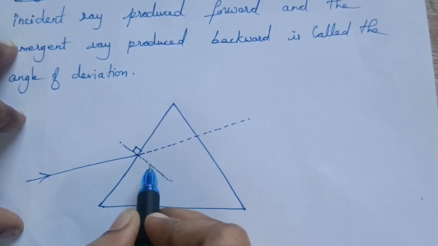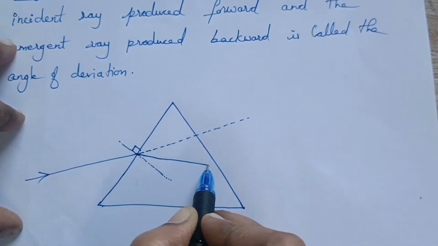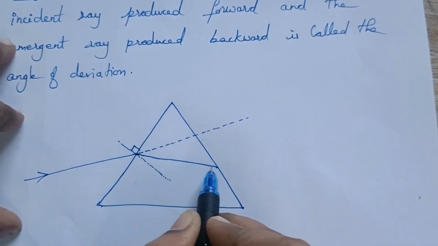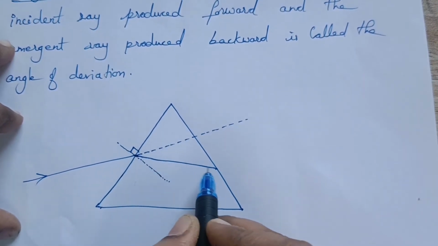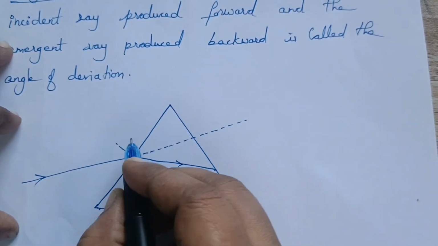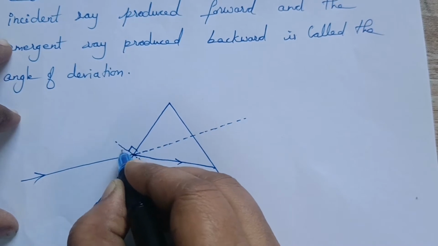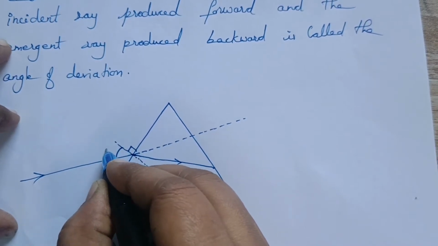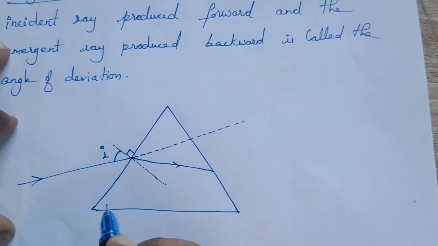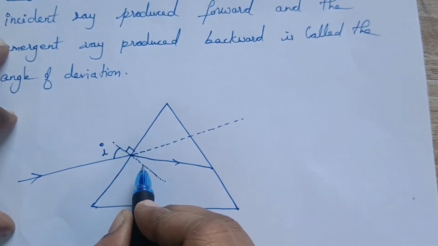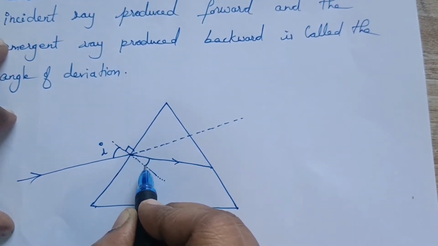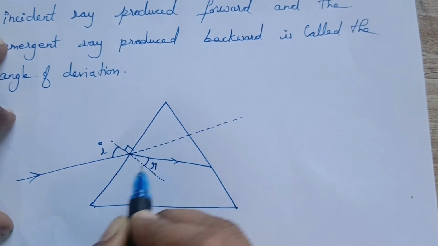It bent towards the normal, so it becomes like this. Inside the glass it will not bend, so it moves like this. The angle between the normal and the incident ray is called the angle of incidence. The angle between the normal and the refracted ray is called the angle of refraction.